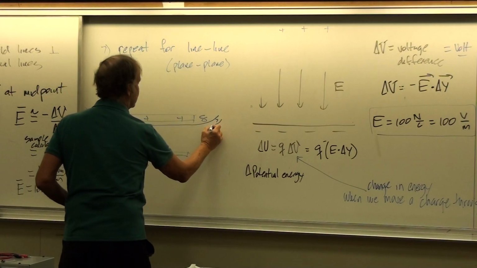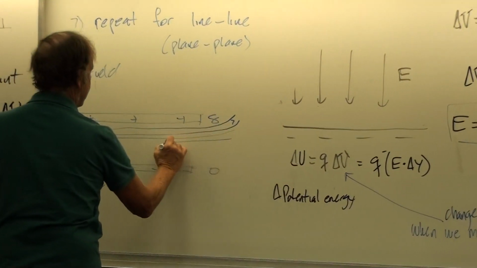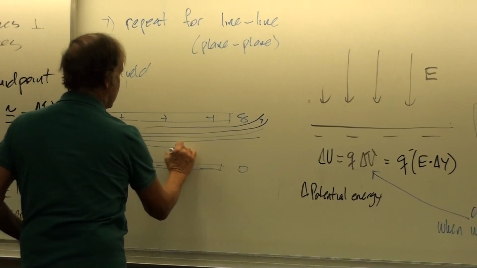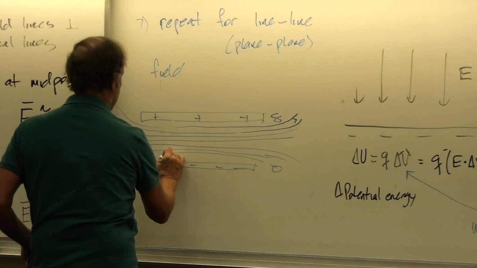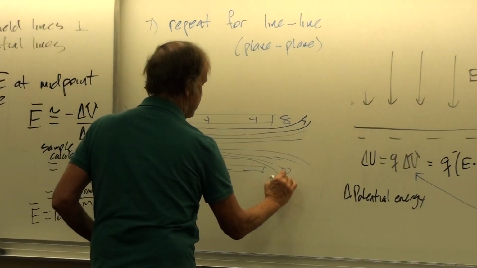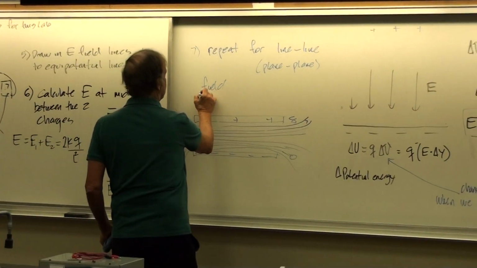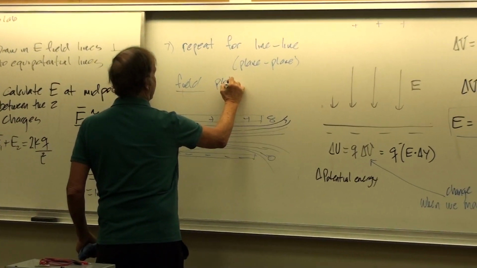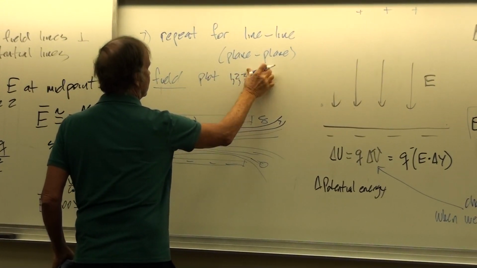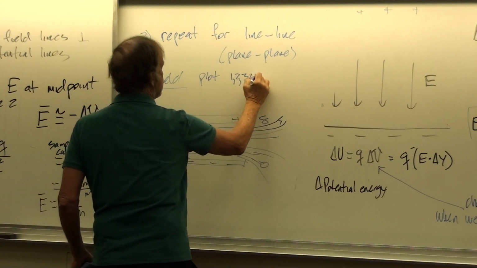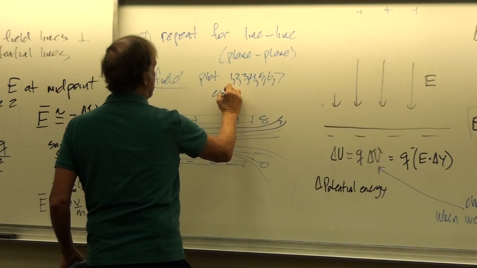This will be your 7, and this may be your 6, 5, 4, 3, 2, 1. Like that. And so plot 1, 2, 3, 4, 5, 6, and 7 equipotential lines.